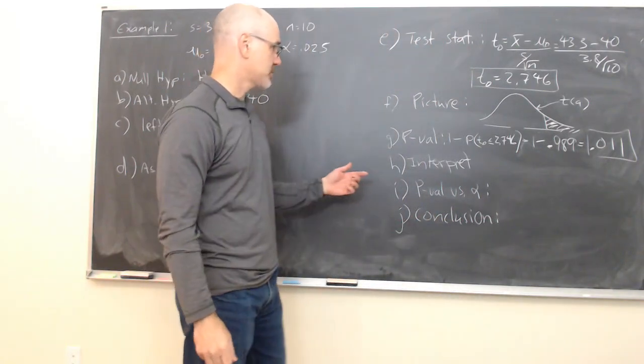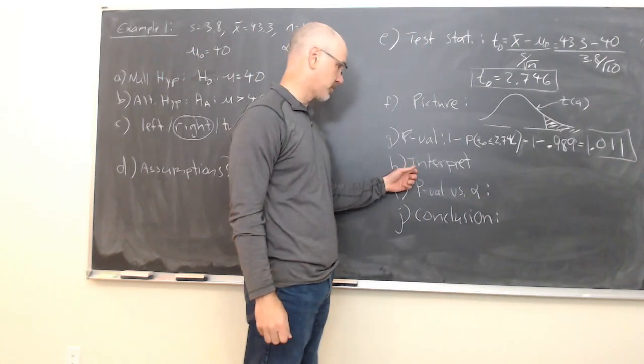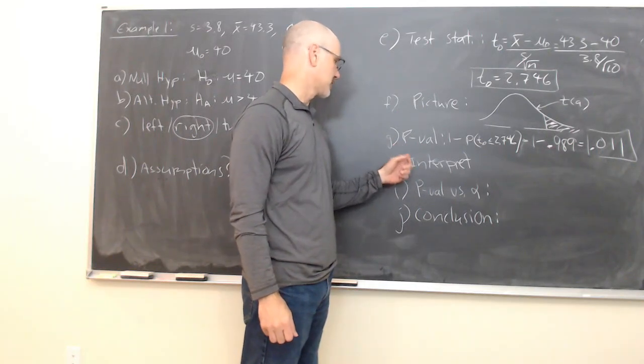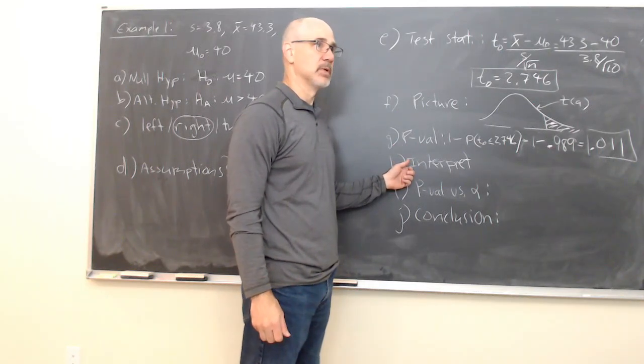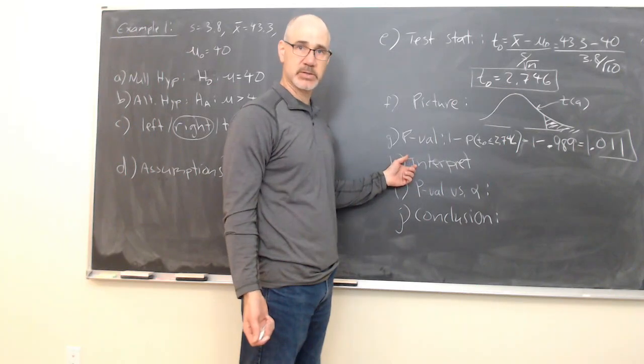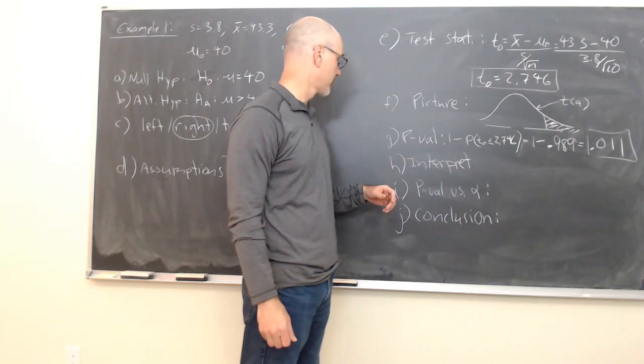So the interpretation of the p-value, again, it's really important to be able to do this because it unlocks understanding of lots and lots of different statistical tests, even if you're not particularly familiar with them.